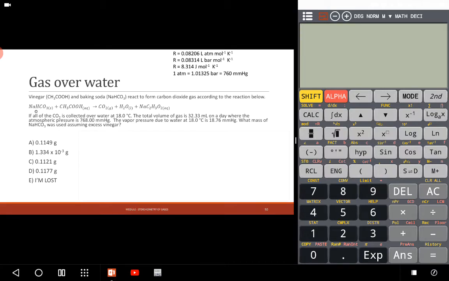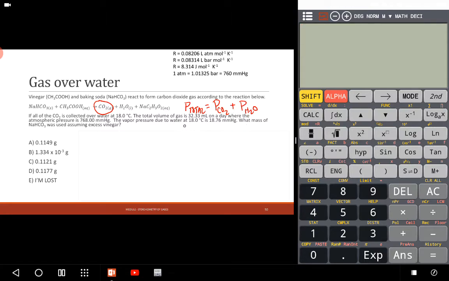Okay, so let's go over this. So if I know that my total pressure is equal to the sum of my carbon dioxide gas plus my pressure due to water vapor, because this whole thing is collected over water.